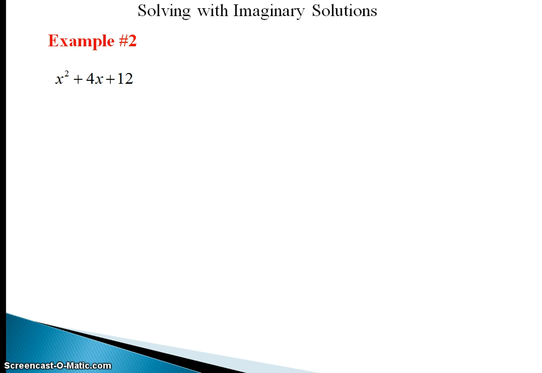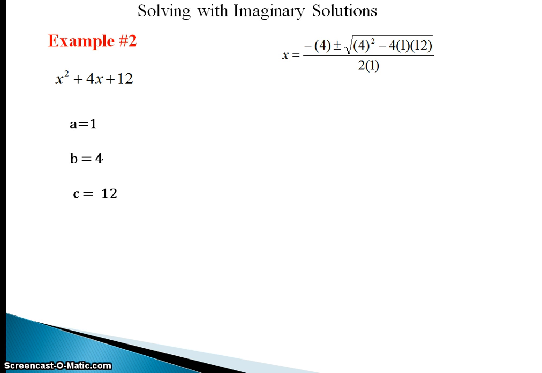Here's another example. As always, we start by identifying a, b, and c. Then we're going to plug those into the quadratic formula, simplify the three parts, -b, what's under the radical, and the denominator, and we end up with -4 plus or minus the square root of -48 divided by 2.